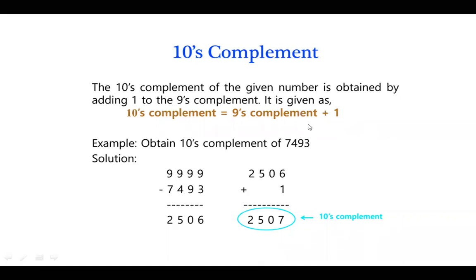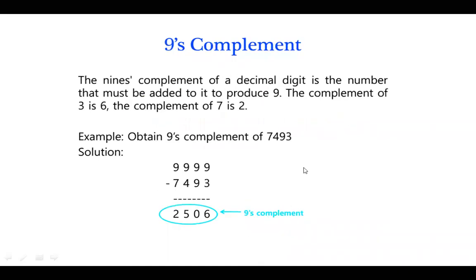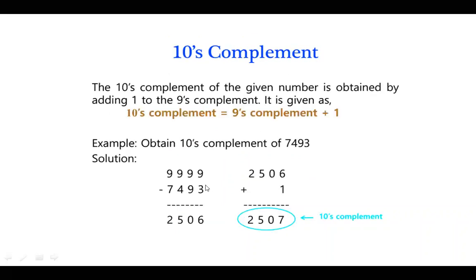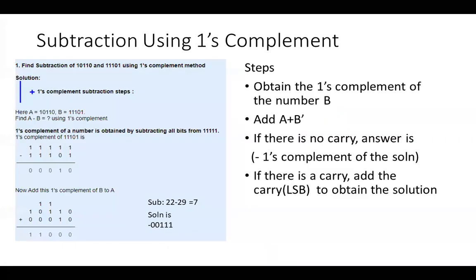So similarly, you can do 7's complement. 7's complement will be for octal. 9's complement is for decimal. So 7's complement will be 7777 minus the number. And 8's complement will be 7777 minus the number plus 1. Like that, 15th complement and 16th complement also you can do.